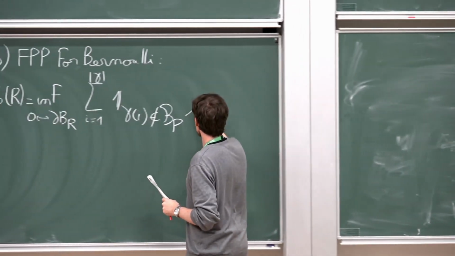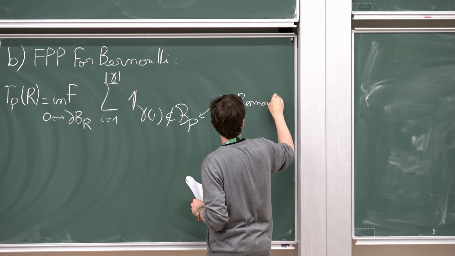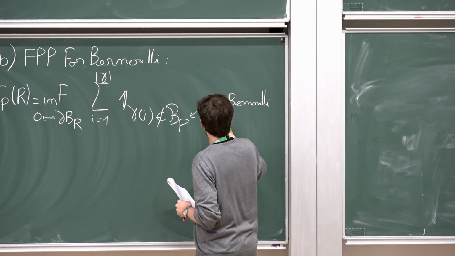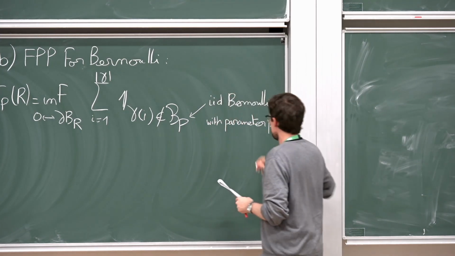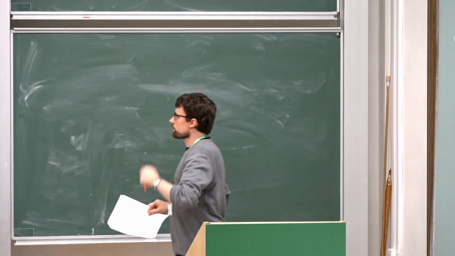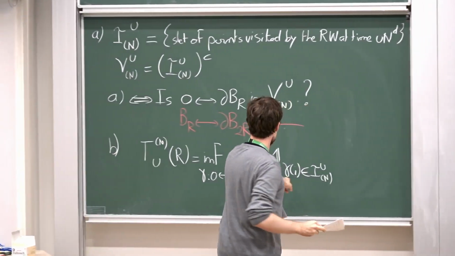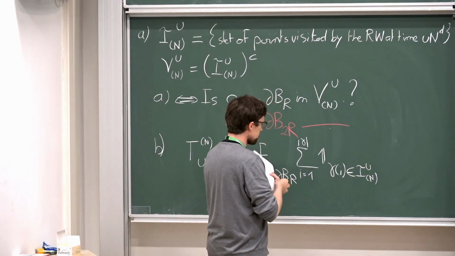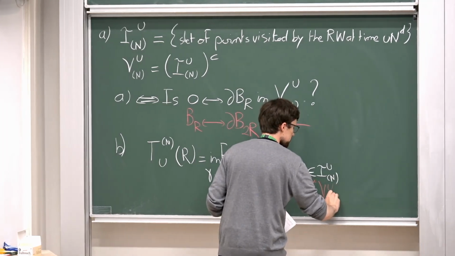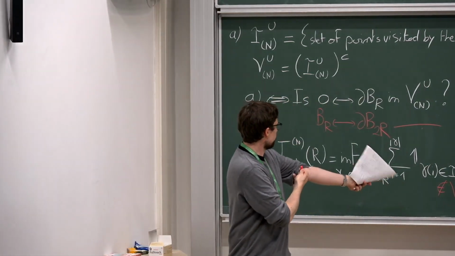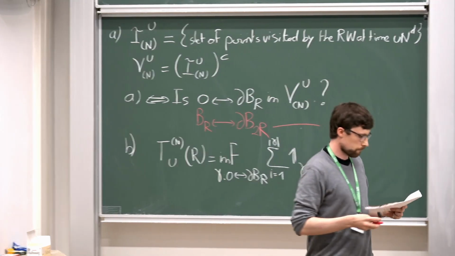So BP here are IID Bernoulli on your vertices with parameter P. If you compare the two, here I was saying that gamma I is in the interlacement set, which was the same as saying that gamma I is not in the vacant set. So this is the first passage percolation for the vacant set, and this is the first passage percolation for Bernoulli.